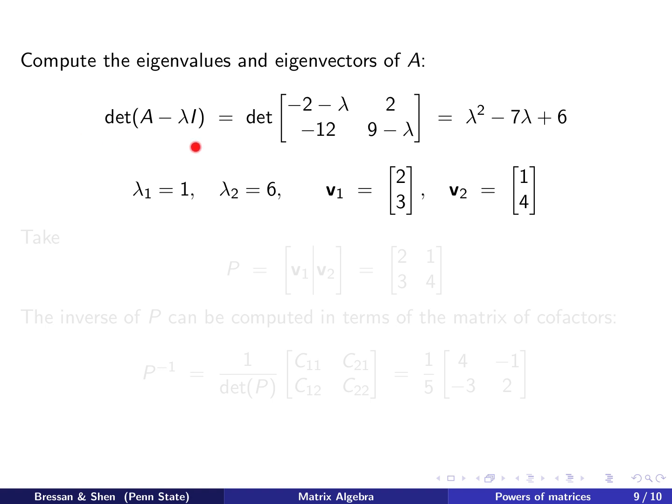You form the characteristic polynomial, the determinant of A minus lambda I, which is the matrix now. Work that out, and you find the roots of this polynomial, which are 1 and 6. Then you carry out the calculation of the corresponding eigenvectors v1, v2. Let's say we found all of them, and they are given here.